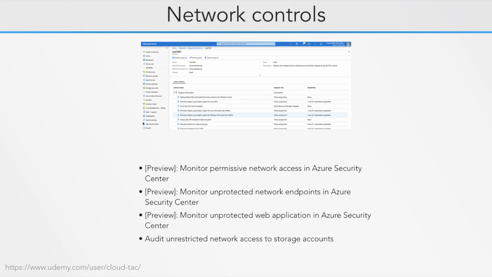This blueprint assigns 3 Azure policy definitions that monitor unprotected endpoints, applications, and storage accounts. Endpoints and applications that are not protected by a firewall and storage accounts with unrestricted access can allow unintended access to information contained within the information system.